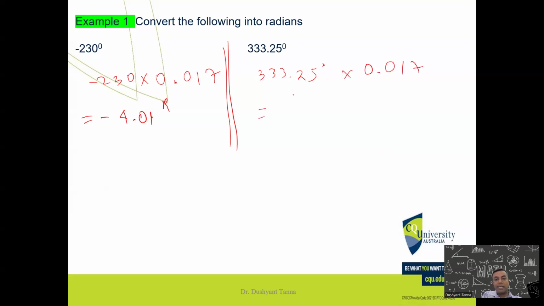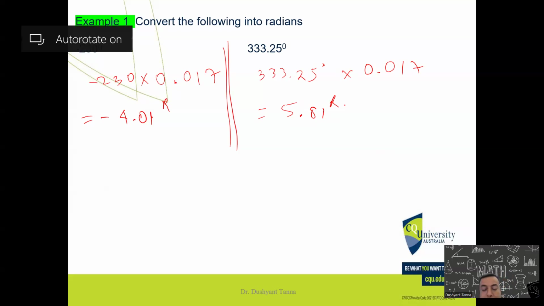And that comes as 5.81, my bad. Okay. Make sense?